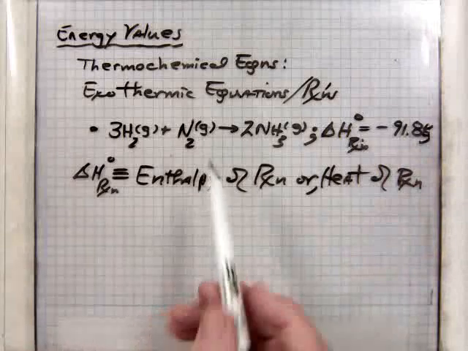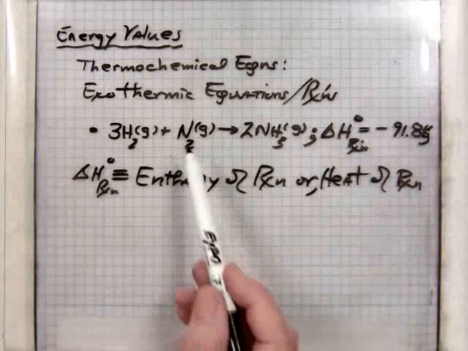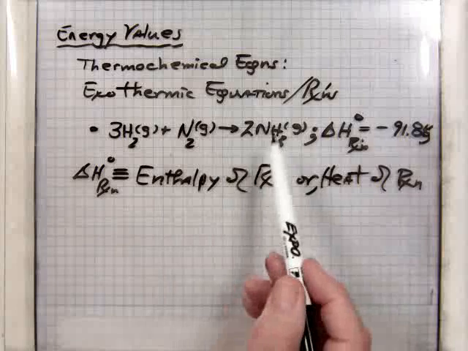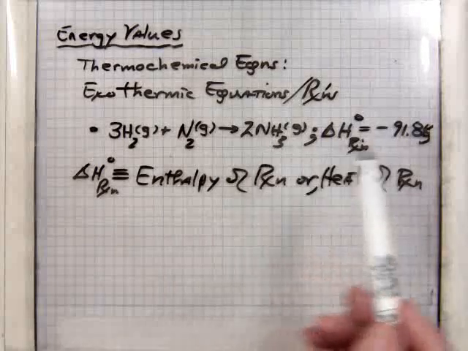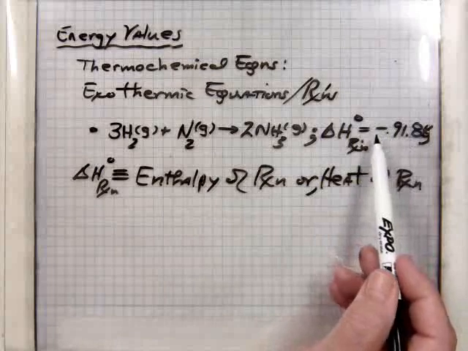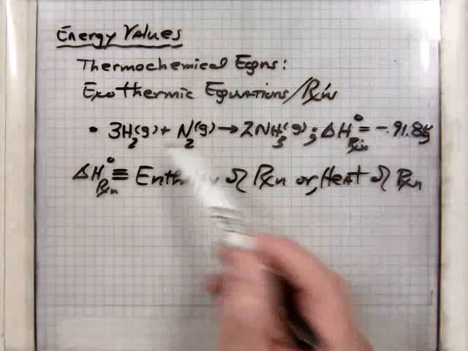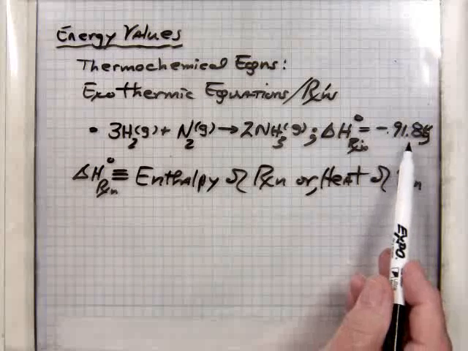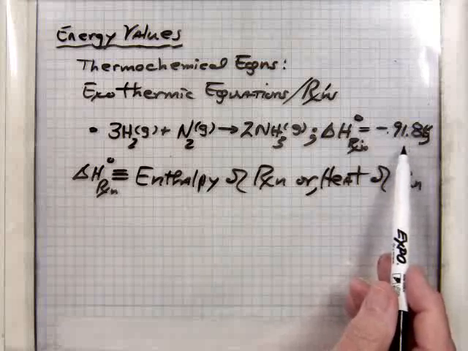And what it means is 3 moles of hydrogen reacting with 1 mole of nitrogen to produce 2 moles of ammonia always gives off, because the negative number indicates exothermic, 91.8 kilojoules.